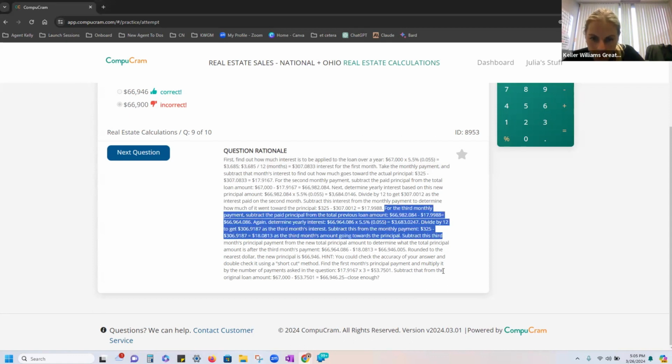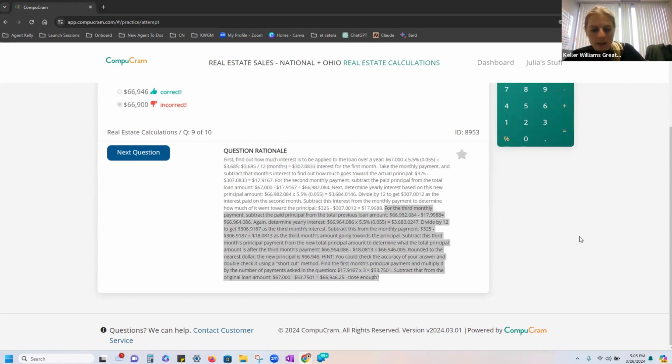So you would have to do it for each month. Because the interest is going to change each month. Because you're going to be paying on a different amount of your principal each month. So the hint they give to check the accuracy of your answer: the shortcut method is to find the first month's principal and multiply it by the number of payments asked in the question.